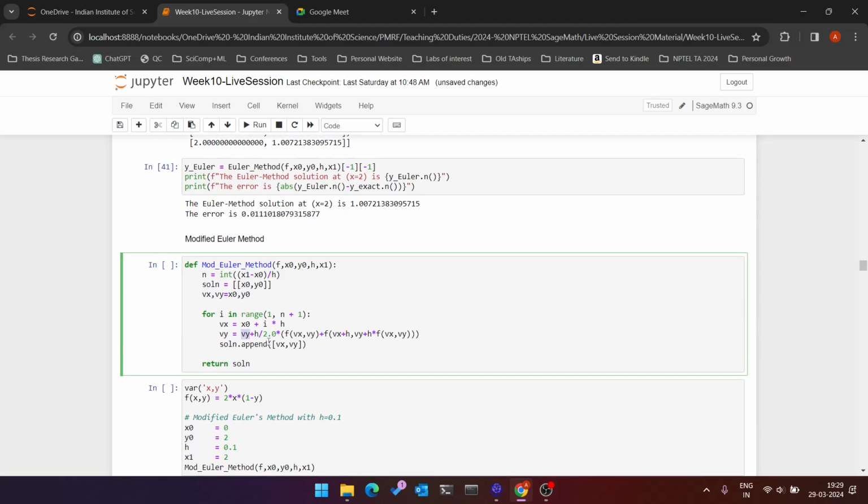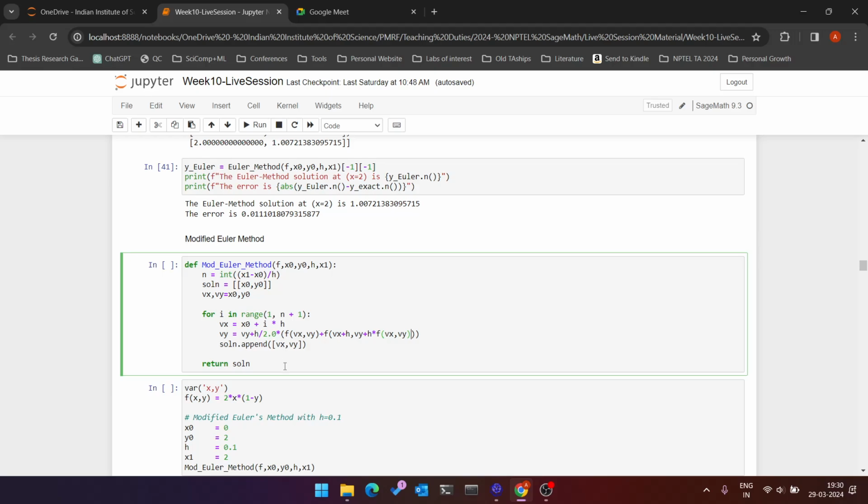So everything is the same: xv is x0 plus i times h, and yv is yv plus h by 2 times the function value evaluated at x comma y, plus the slope evaluated at x plus h comma y plus h times f of x comma y. So this is the current slope, and this is the slope at the estimated forward value, which is xv plus h and yv plus h times f of xv comma yv.